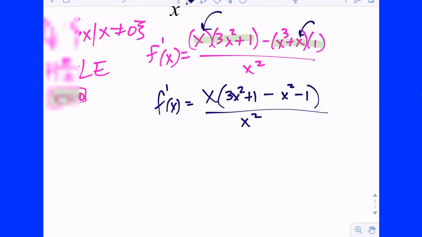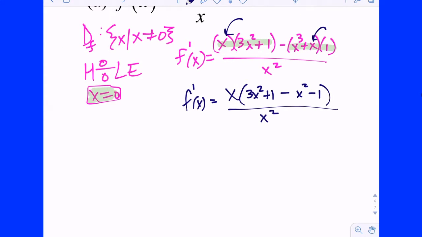So we already know one of our critical values, don't we? What value makes the numerator 0? 0. So is 0 a critical value? He makes the derivative 0 in the numerator. Hey, 0 is already waiting over there, remember? He's trying to show up again as a critical value.